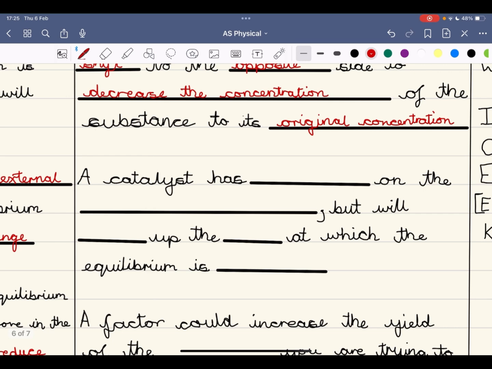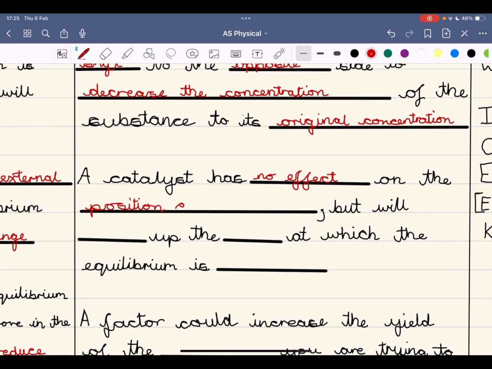A catalyst has no effect on the position of equilibrium, but will speed up the rate at which the equilibrium is reached.